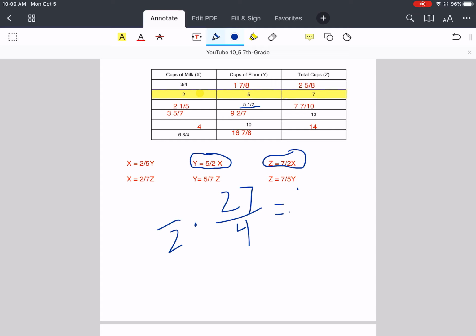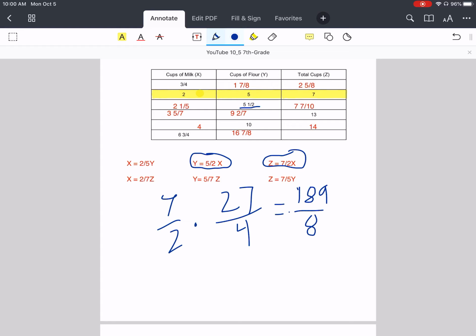7 over 2 times 27 over 4. 7 times 27 is 189, right? 7 times 20 is 140. 7 times 7 is 49. Add those together, you get 189.